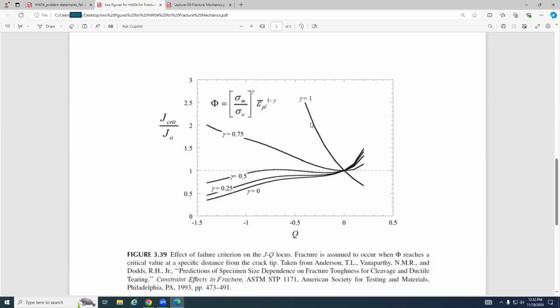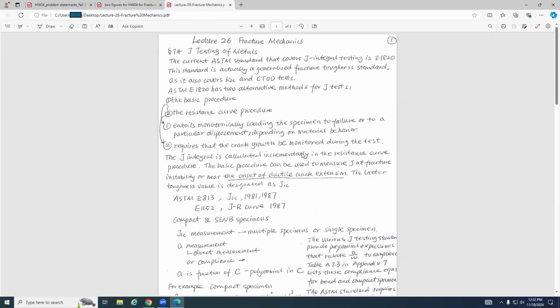We still have some time, and I want to continue our talk. Last time we talked about the KR curve, and today we are going to talk about lecture 20.